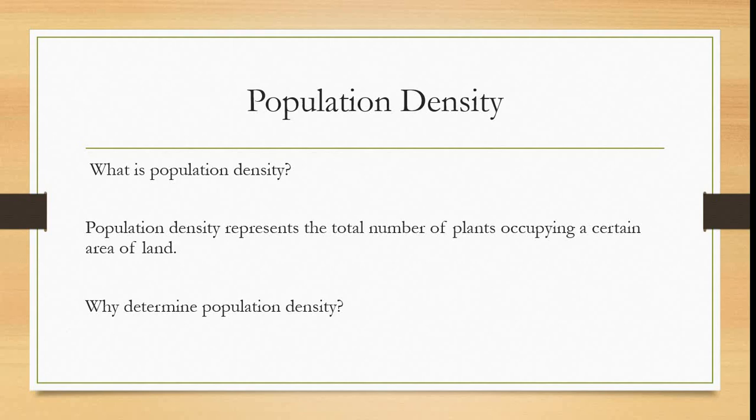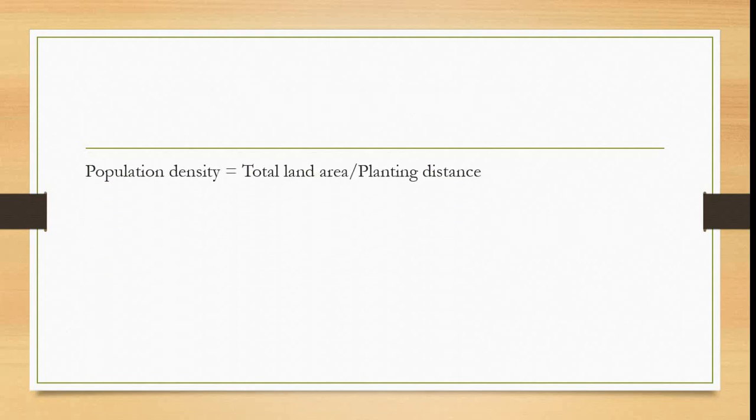For instance, irrigation. If you have a lot of plants on the farm, the probability that they might need a lot of water is high. Also, fertilizer application and other cultural practices. All right, so those are the reasons why you have to determine what you call population density.